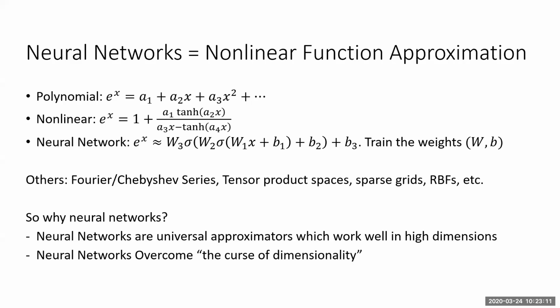So that's what we call overcoming the curse of dimensionality. Now, for a lot of what I'll be talking about, you can replace neural networks with any of these other universal approximators. It really just is a way of turning a function problem, a problem of finding a function, into a problem of finding a finite number of parameters, right?